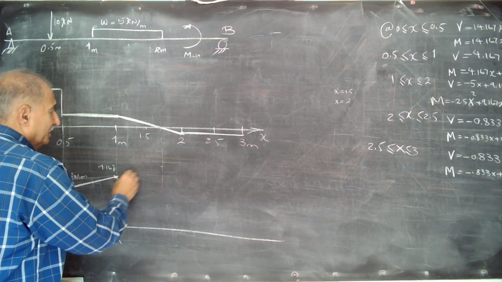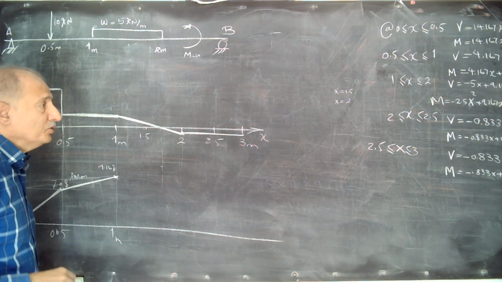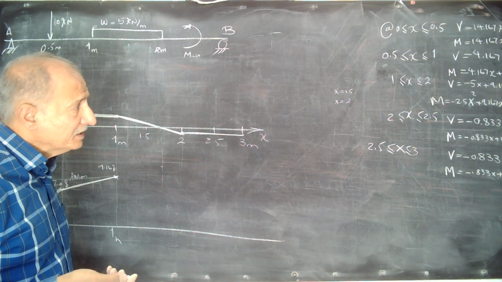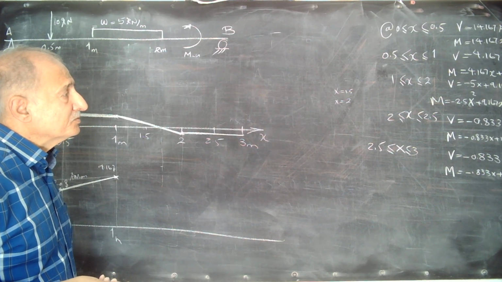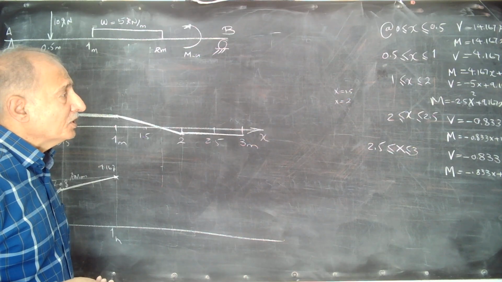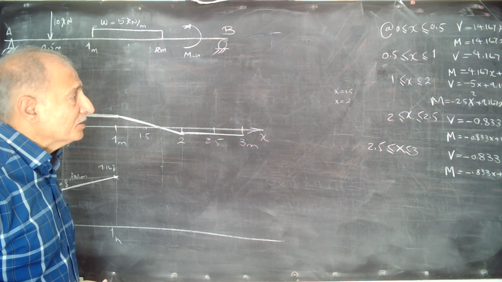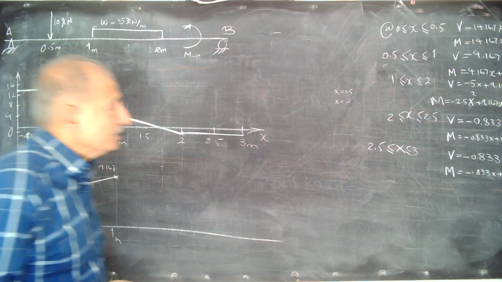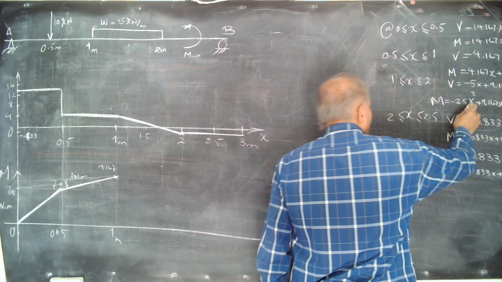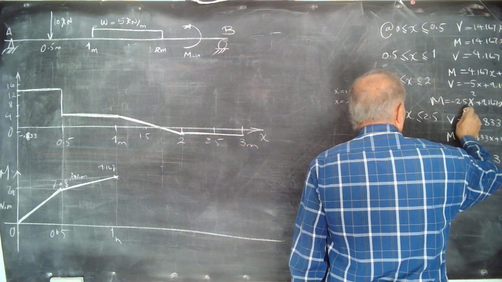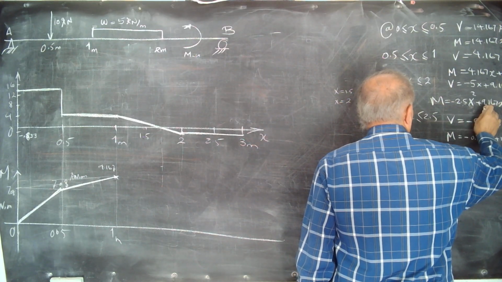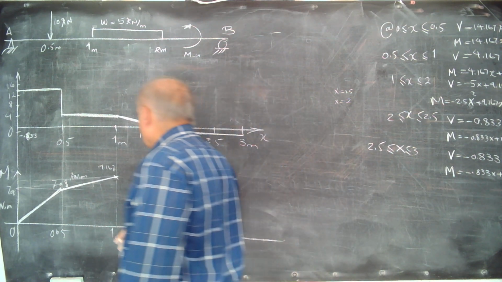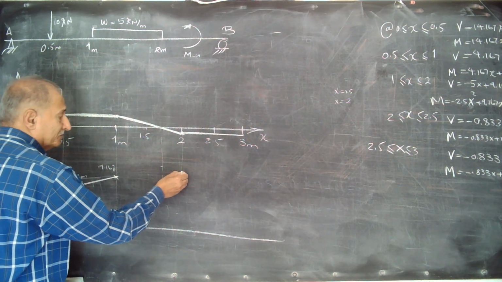At 2, 2 to the power of 2 is 4, minus 10, plus 18, something like 8, plus 2.5, 10 point something here.